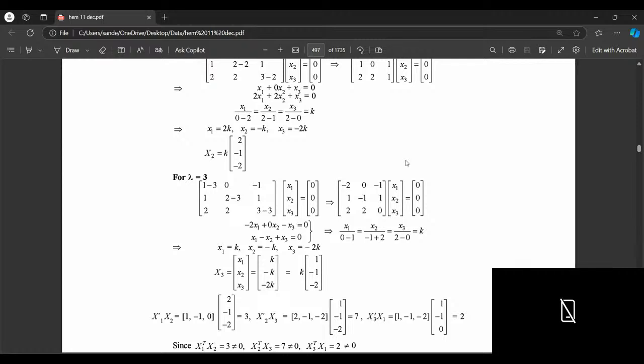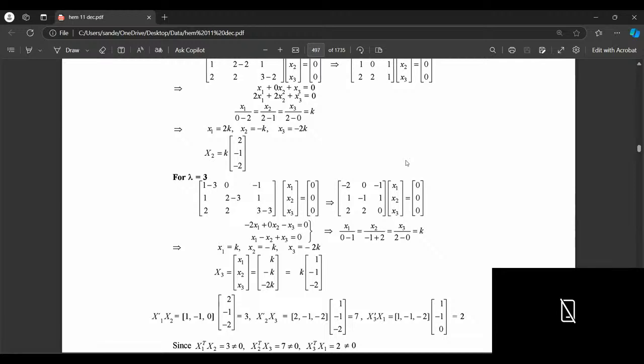Now x1 transpose x2, where x1 is 1, minus 1, 0 and x2 is 2, minus 1, minus 2. If we take x1 transpose, it will be a row matrix and x2 is a column matrix, so we can multiply row into column and you will get 3. x2 transpose x3, you will get 7, and x3 transpose x1, you will get 2.